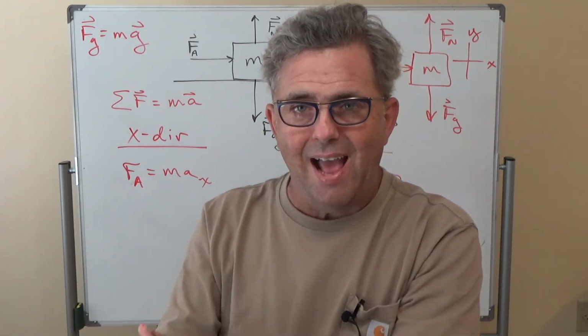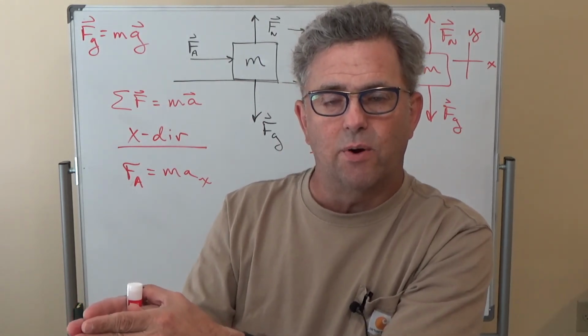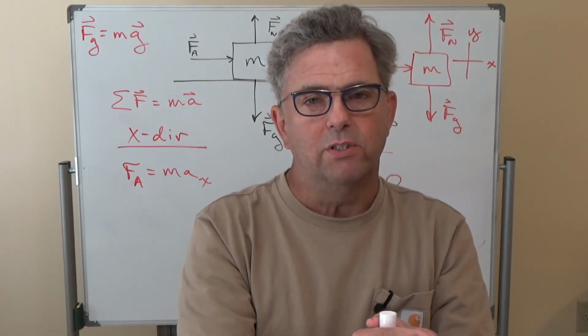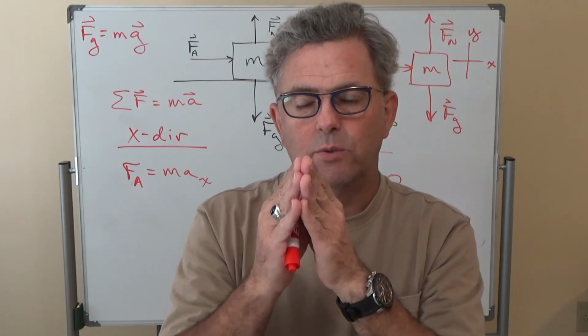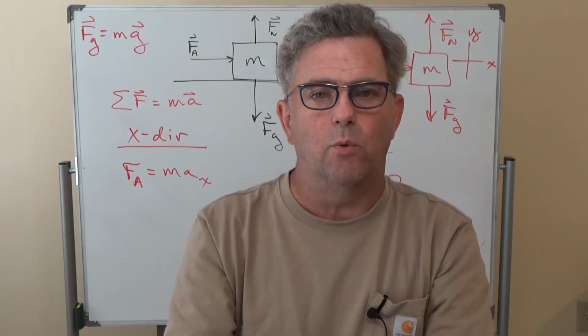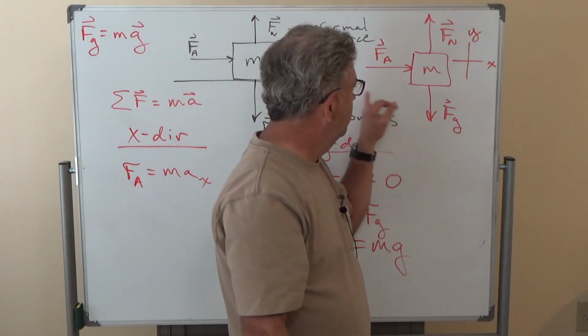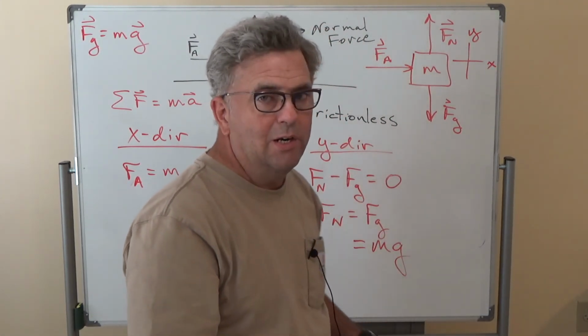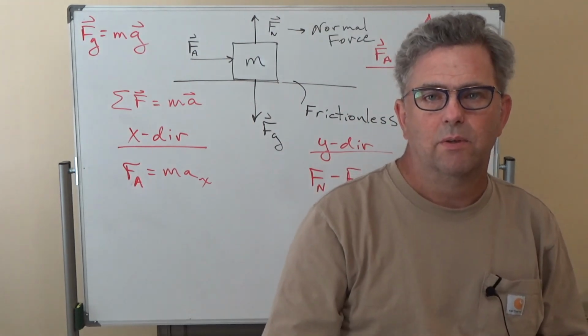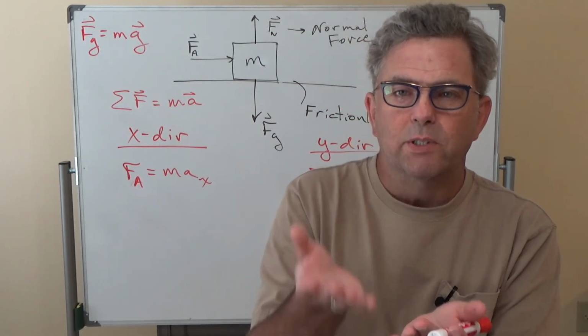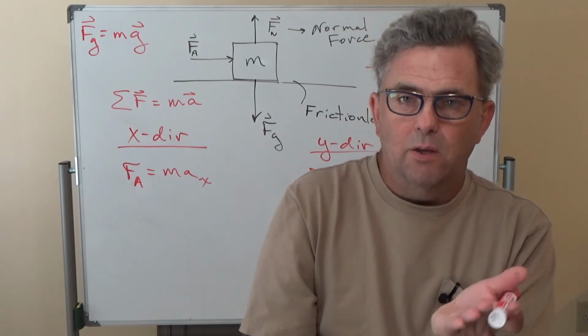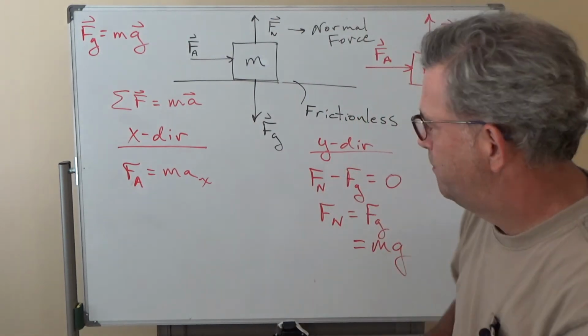That's equal to the mass times the acceleration in the x direction. Sum of the forces in the y direction. That's equal to the mass times the acceleration in the y direction. In this particular case, there was no acceleration in the y direction. The floor is nice and firm. It's holding the object at rest in y. Okay?